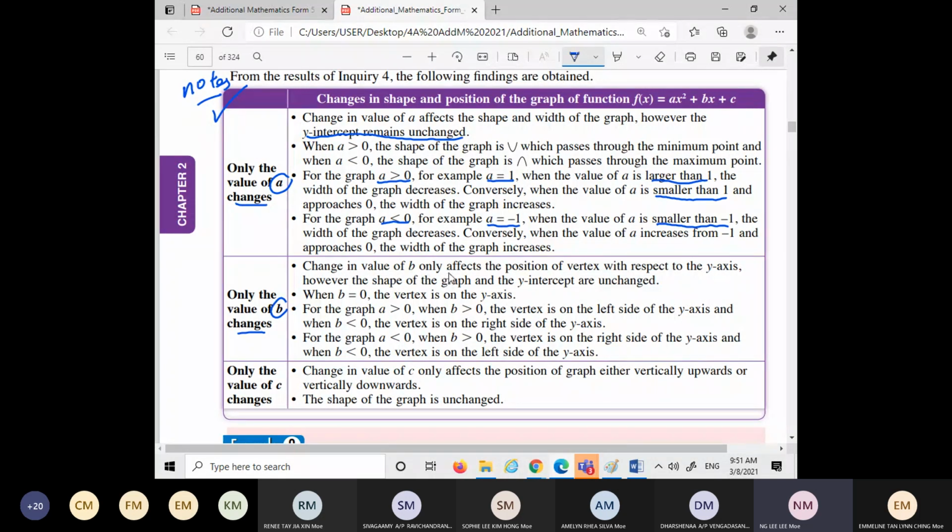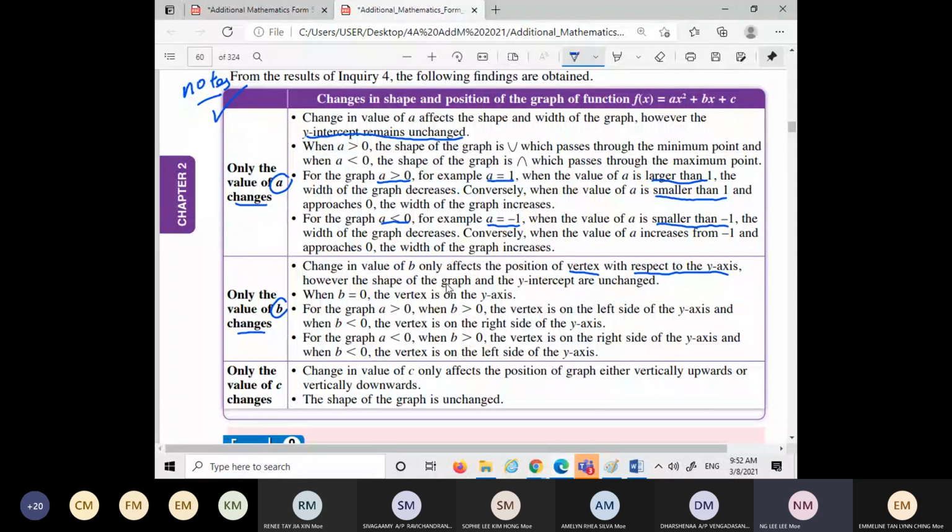A change in value B only affects the position of the vertex. Vertex means the maximum or the minimum point, the corner. It only affects the position of the vertex with respect to the y-axis.